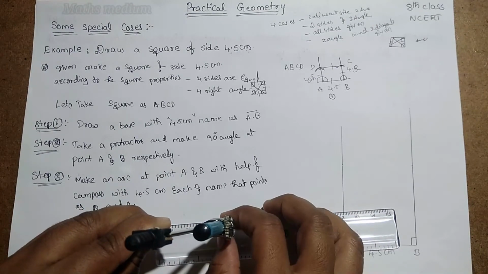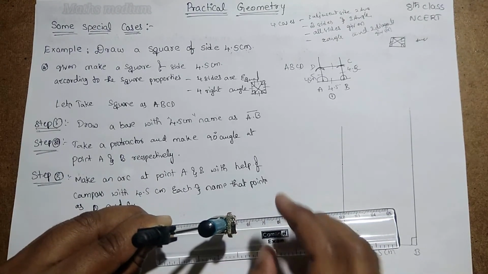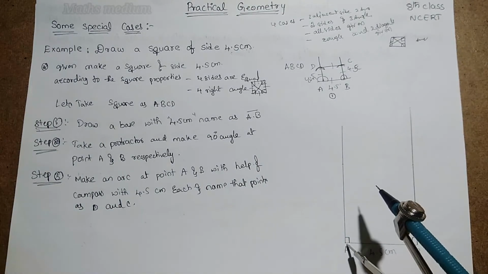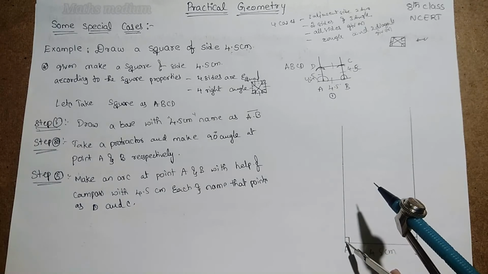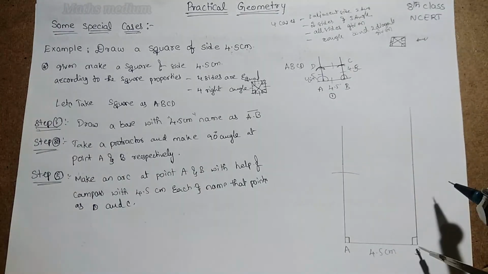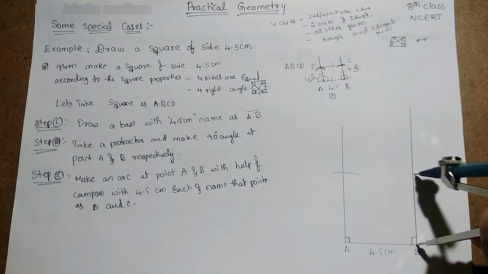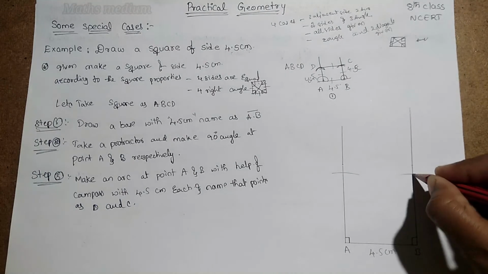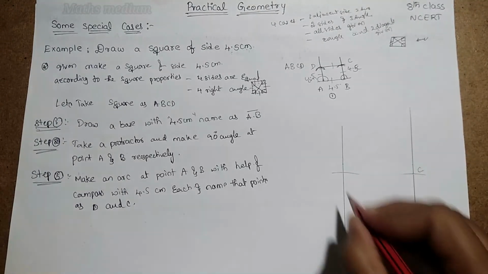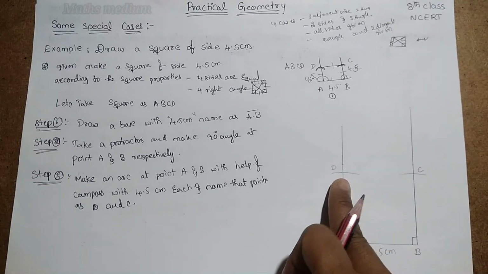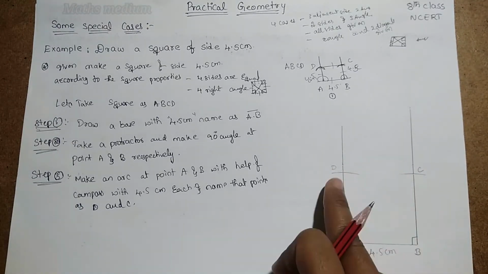There is no position error in making a measurement. So this is 4.5 centimeters. So put the divider, one pointer at A, make one arc. Similarly at B, make another arc. So we get 2 points. This is C and this is D. Why is this C and this D? Because of the quadrilateral A, B, C, D. So that's why it is C, it is D.